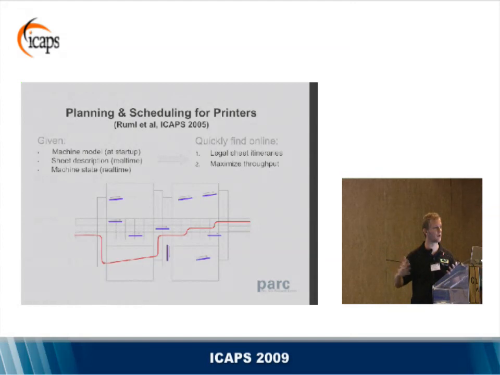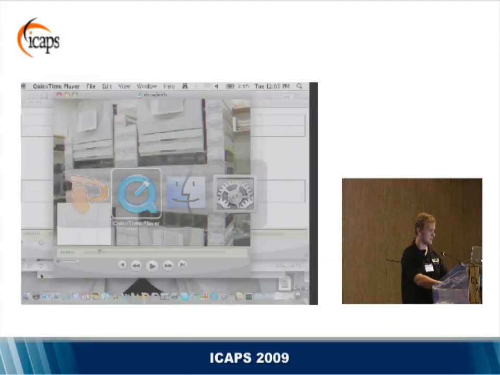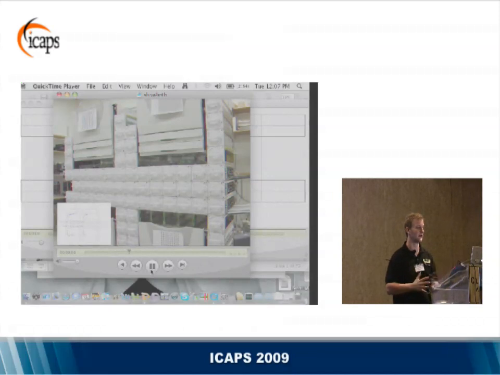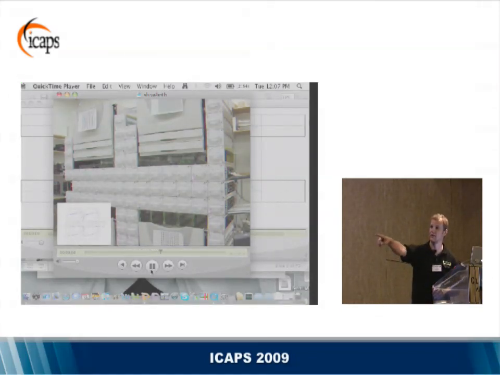And then overall, you want to maximize the throughput. This was done before I came there, and it actually works nicely by now. What we can see here is the printer in action, routing through a couple of sheets, which we can barely see on the schematic down there.